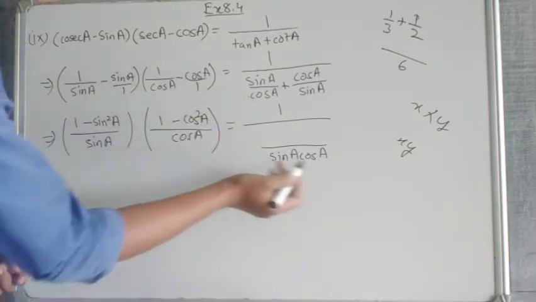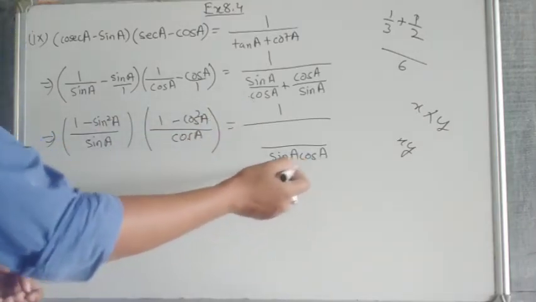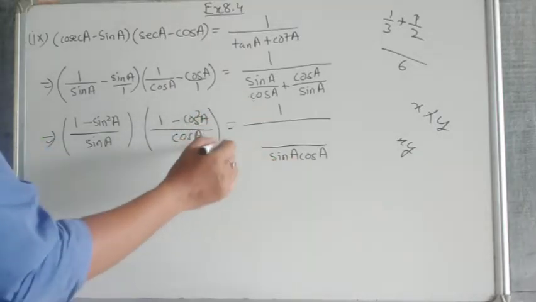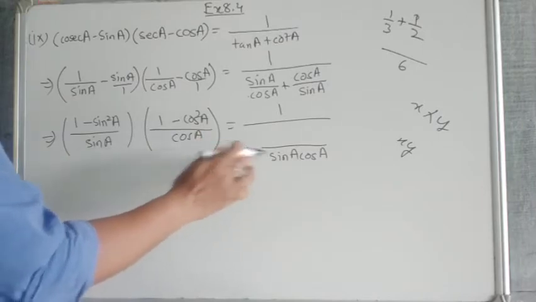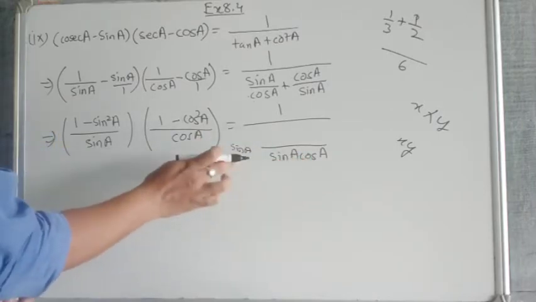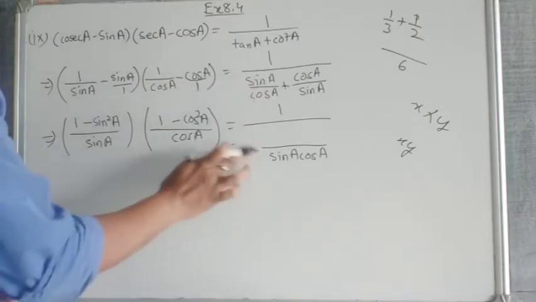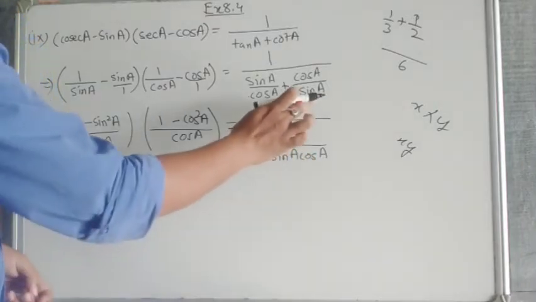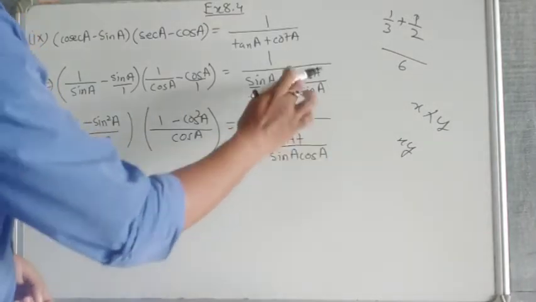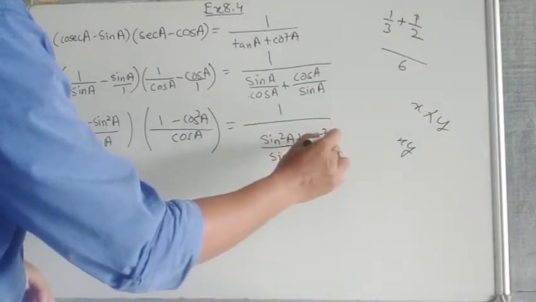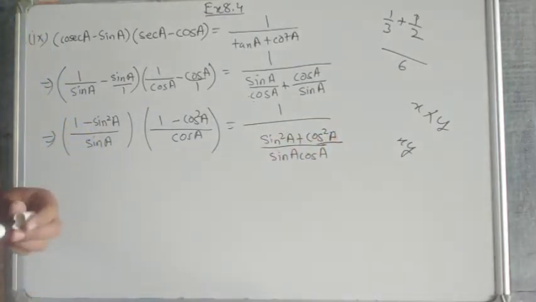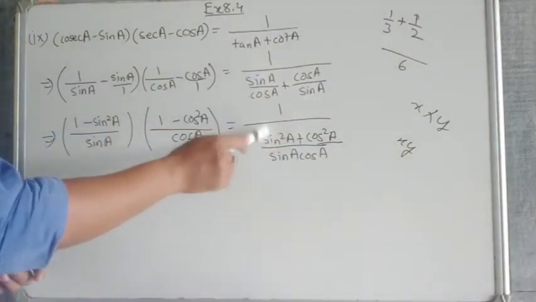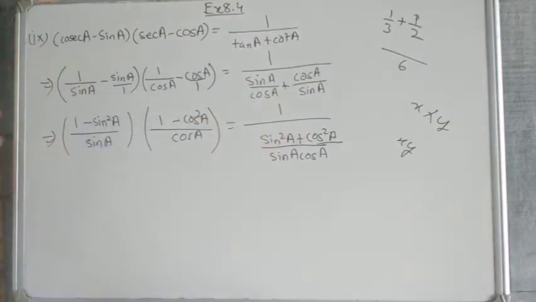Cos A into sin A will give me cos A sin A. This sin A into this sin A will give me sin square A, plus sin A into cos A will give cos A, which becomes cos square A. And if you do the simple cross multiplication method, sin A cos A is multiplied, sin A into sin A is sin square A, cos A into cos A is cos square A. This is the simplest one.